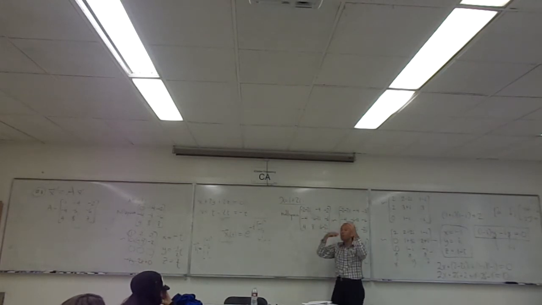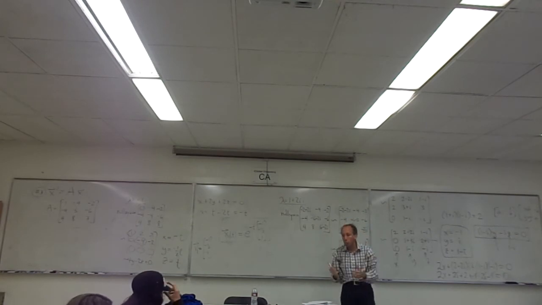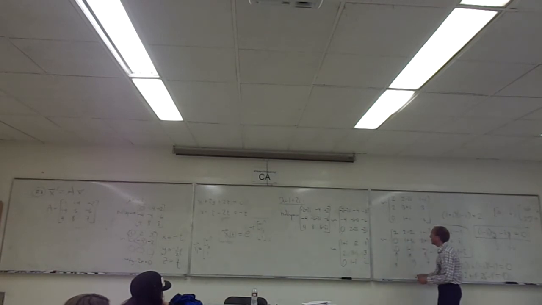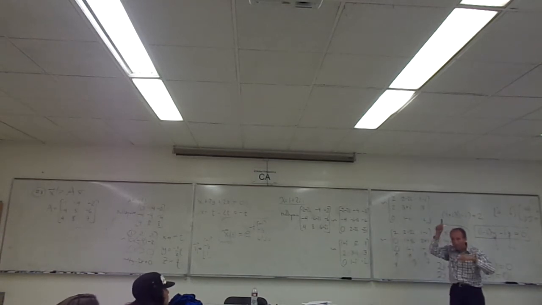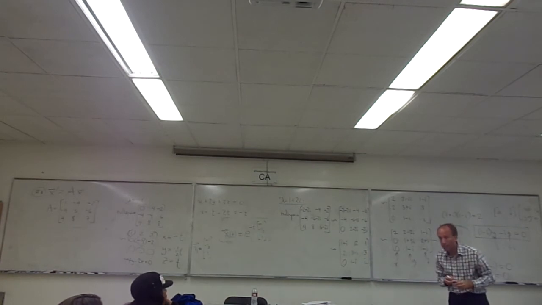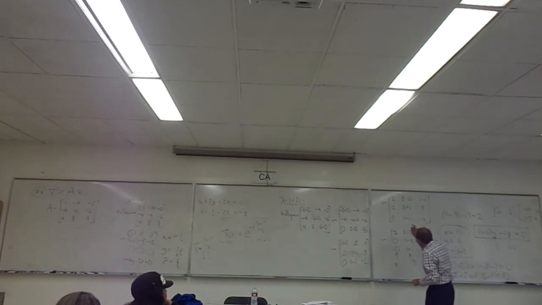That means that when I do EROs, some row has to get zeroed out. Doesn't matter which one, but my point was that it's not the first one. That's the point I made earlier, because the first row actually is the only row that has any information about x in it. So there's a 2x here. This row is clearly not a multiple of these two rows.